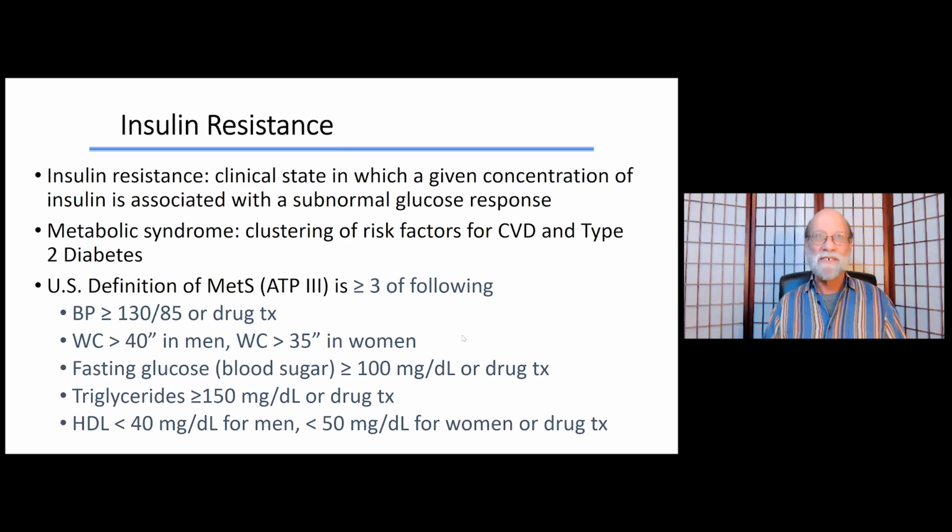Now, I want to get across this idea of insulin resistance. And this is what makes fatty liver part of a cluster of conditions which are linked to diabetes and to heart disease. But the idea is that insulin resistance is when the body is in such a state that a given concentration of insulin doesn't have the response that is desired.